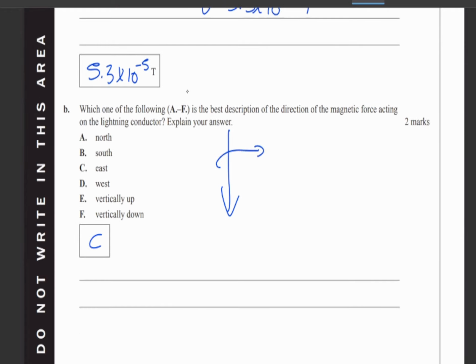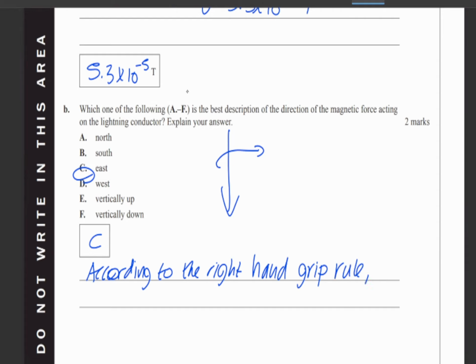So east. So according to the magnetic field.